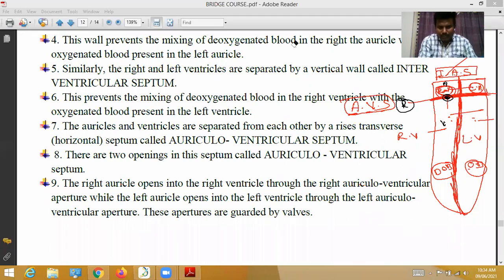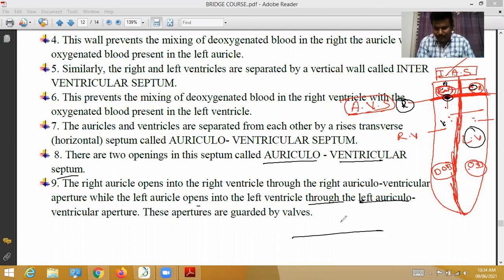Similarly, the left side is the same. The left auricle opens into the left ventricle through the left auriculoventricular aperture. This is the right direction and this is the left direction.